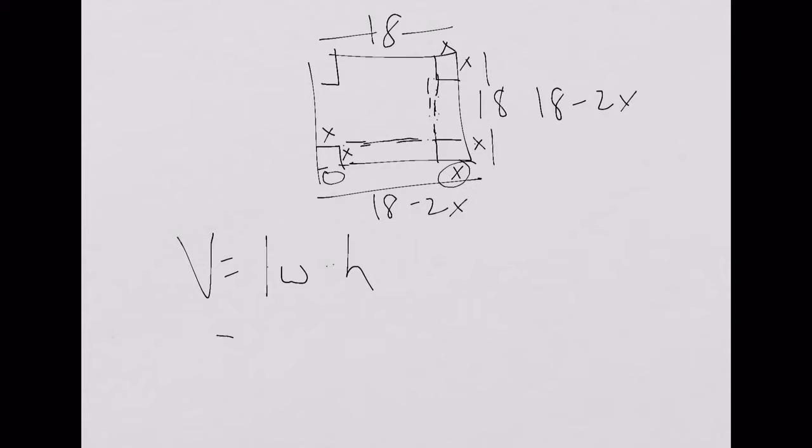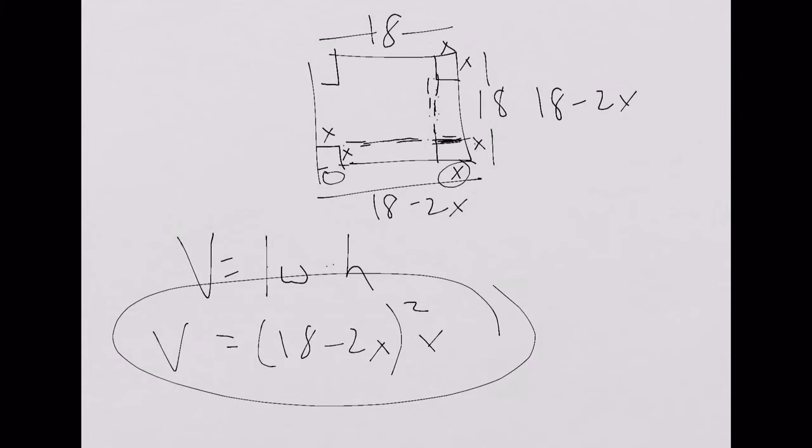So I have my length and my width. I have 18 minus 2x for my length, also for my width, so I'm going to call it squared. And then my height is x, because if I fold up this piece right there, it's going to have a height of x. So this is my volume equation. This is what I want to graph and then find what value of x gives me the maximum volume.